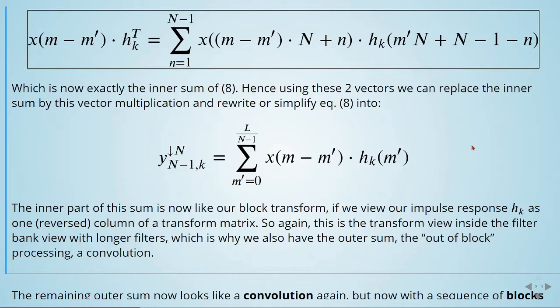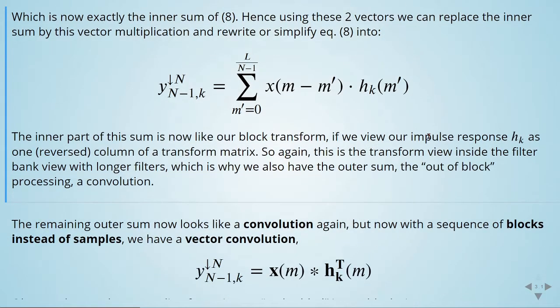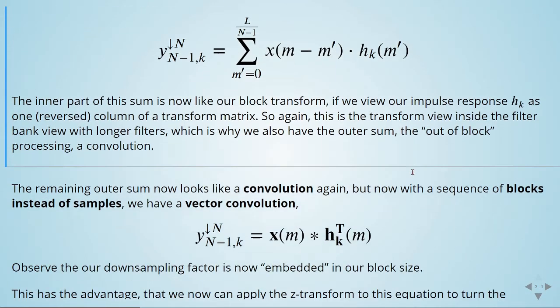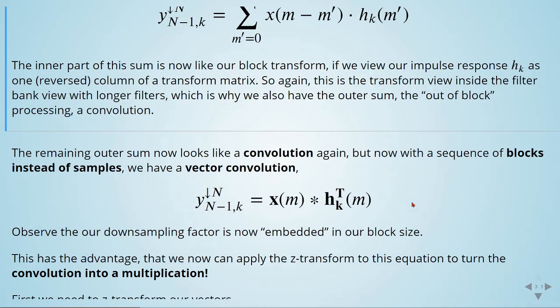If we view our impulse response h of k as one column reversed of a transform matrix. So again, this is the transform view inside the filter bank view with longer filters, which is why we also have the outer sum, the out-of-block processing. That's a convolution. The remaining outer sum now looks like a convolution again, but now with a sequence of blocks instead of samples, and we have a vector convolution.